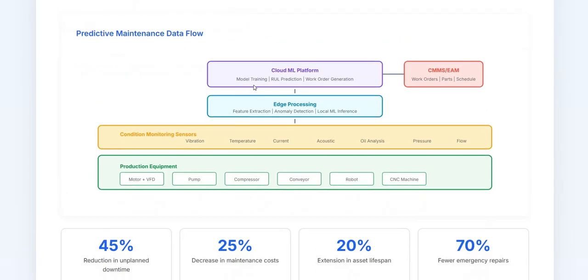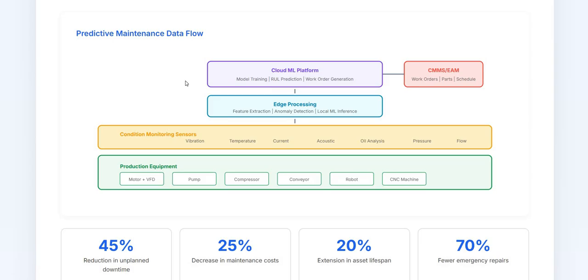So, on the plant floor, equipment produces physical signals long before failure appears. Vibration shifts slightly, temperature creeps upward, current draw changes, and pressure drifts. Sensors pick up these changes continuously. Instead of sending raw noise upstream, nearby compute handles first pass work.